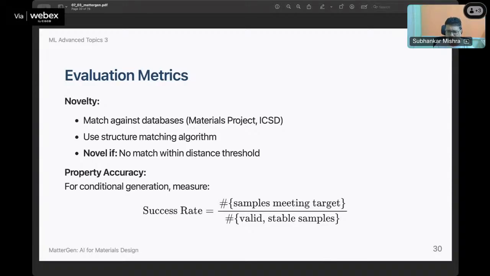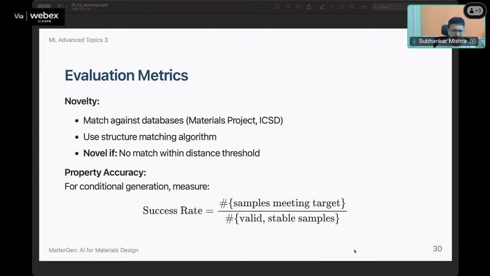And the next is property accuracy. So here they check: we have generated new materials, we have post-processed them, we have evaluated if they are okay, and we have also checked if they are novel. Now, because we added some conditions on these properties to be satisfied, we also calculate property accuracy. That means whatever materials we generated are satisfying the properties that we initially wanted.